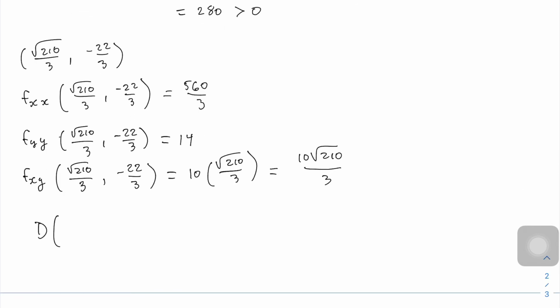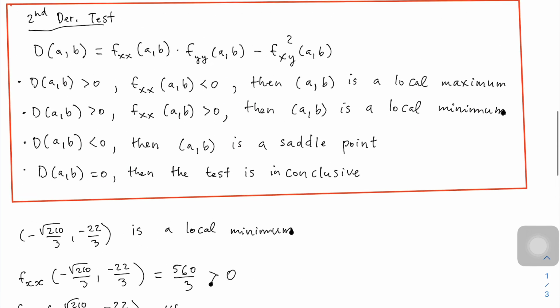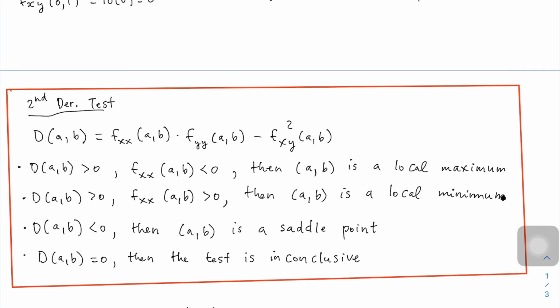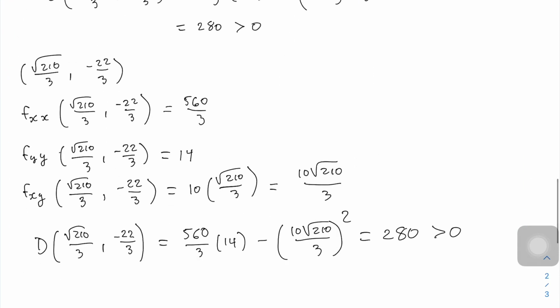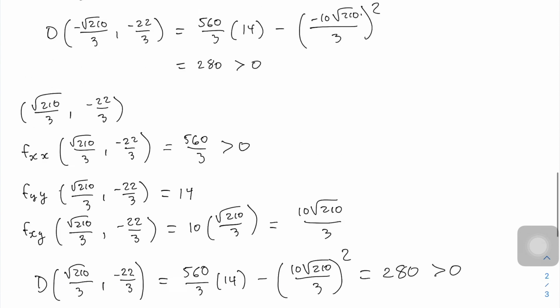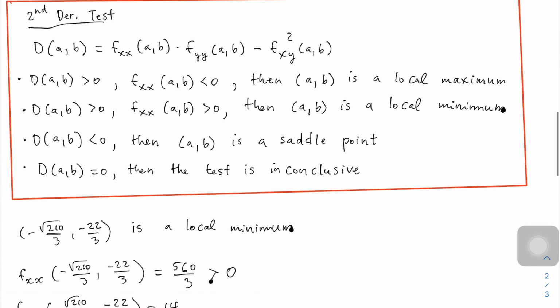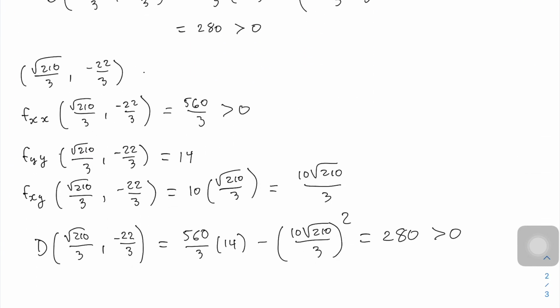Now let's calculate D, and this is giving us 280, which is greater than 0, right? Again, we fall into the first two bullets, so we need to look at the sign of fxx. We see here it's greater than 0, so it falls into the second bullet, which means that the point is a local minimum.